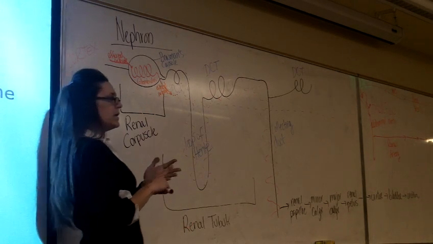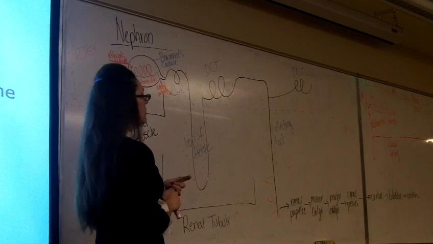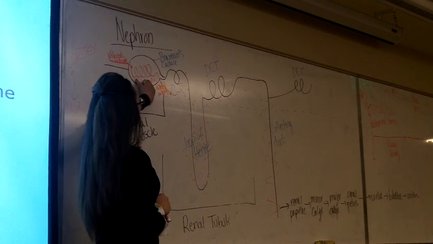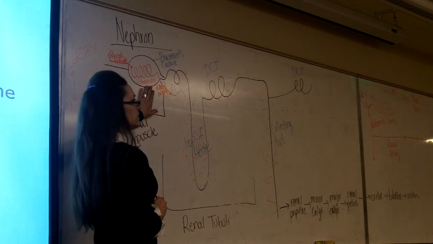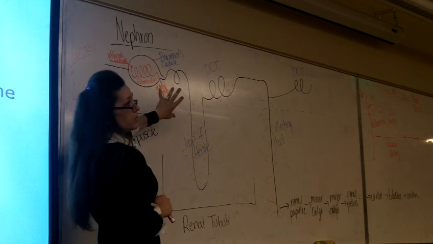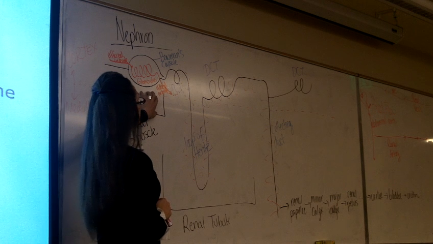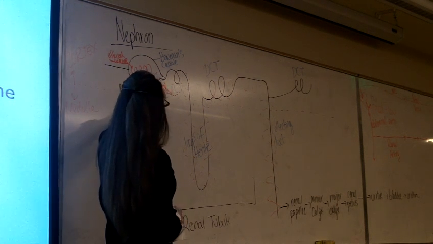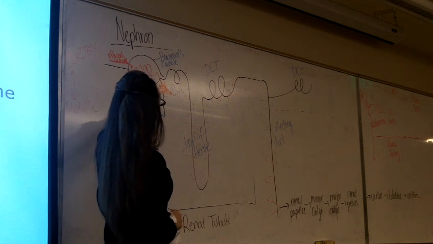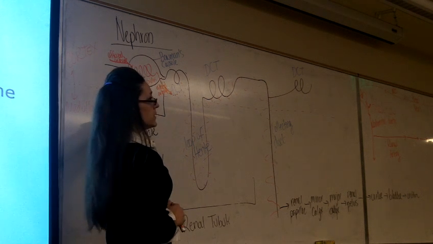The water and anything that's dissolved in it that's small. What shouldn't end up in the filtrate are the big plasma proteins. They're part of the plasma, but they shouldn't end up in the filtrate. So yes, it's true. The filtrate will end up right here looking very much like blood plasma.